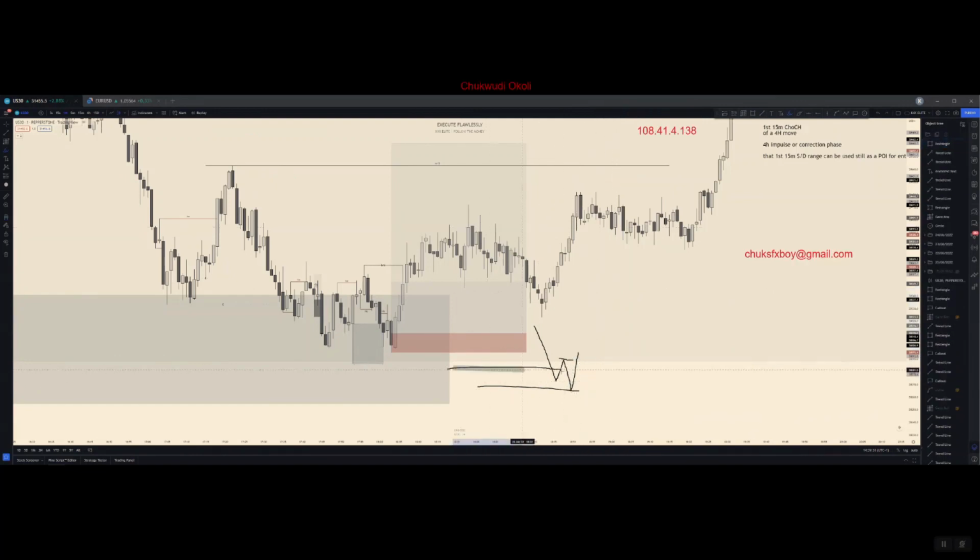It's the first chuck on the 4-hour POI, so it doesn't matter if it's 5 or 15. If it's the same leg, then I'll use the 5 minute. And if it's a 15 at the bottom, you use the 15. Like it's in a 4-hour POI though.